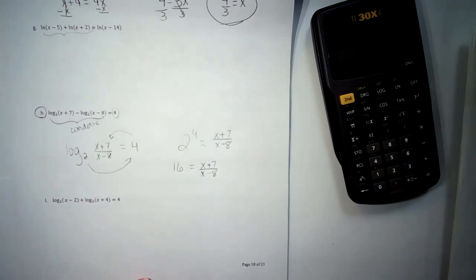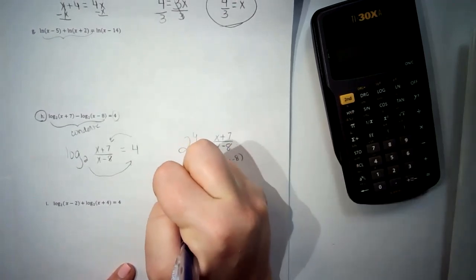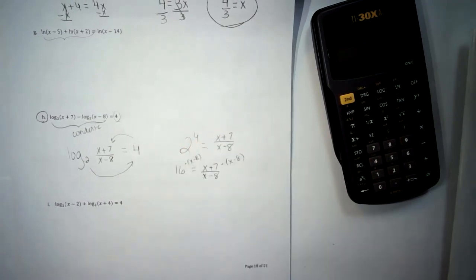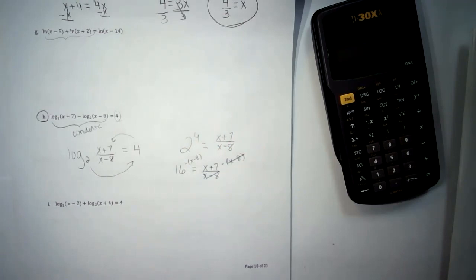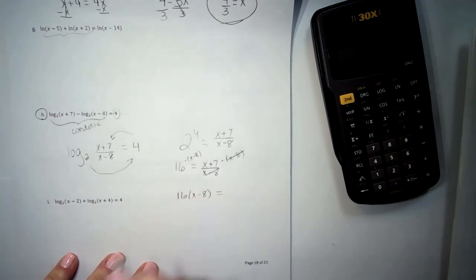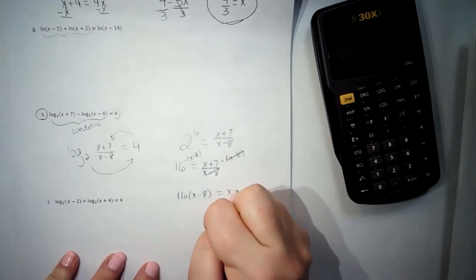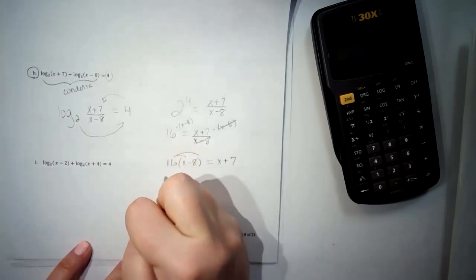I want to get rid of my fraction, so I'm going to multiply both sides by x minus 8. That's my denominator, and that's going to make that denominator go away. And I've got 16 times x minus 8 equals x plus 7. I'm going to distribute.